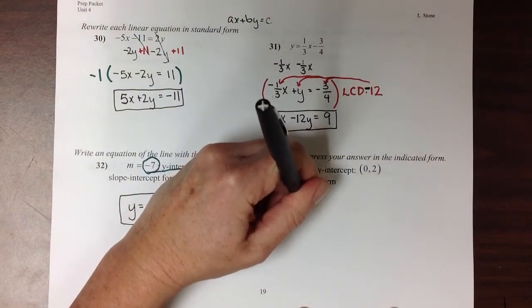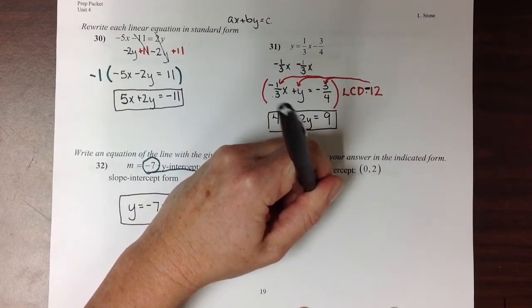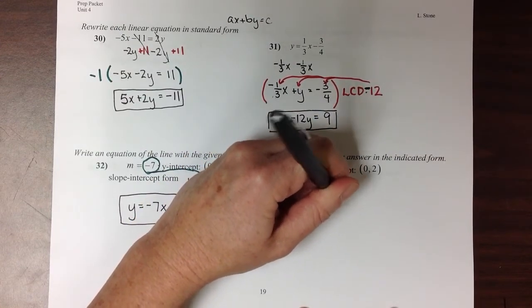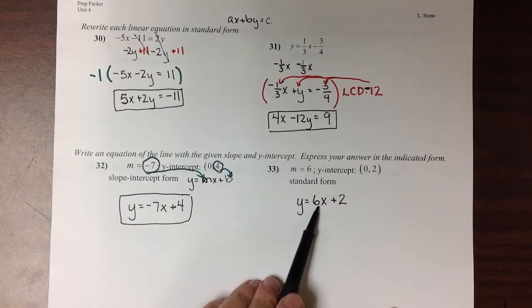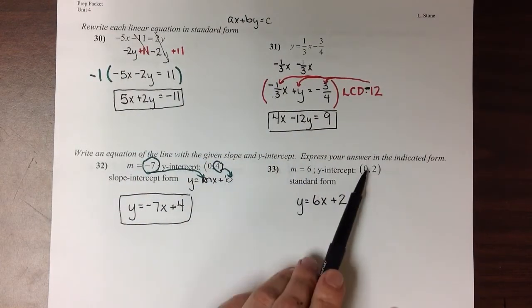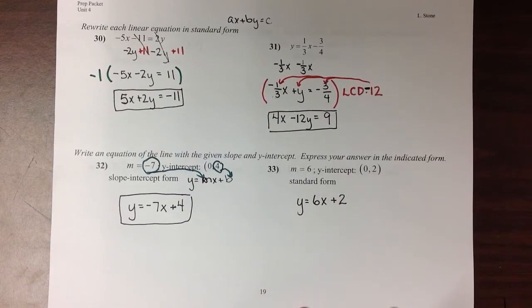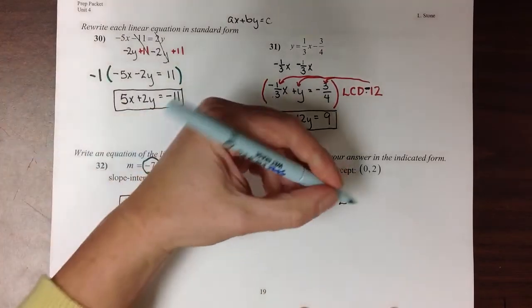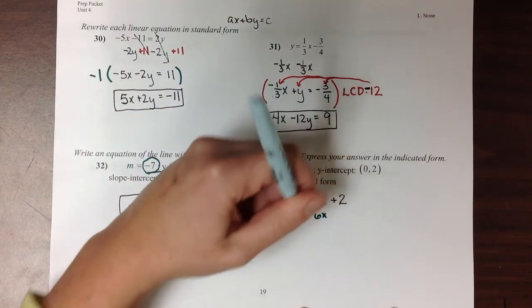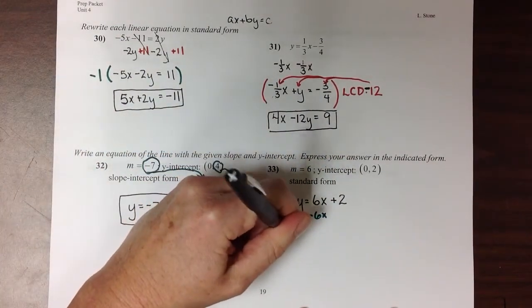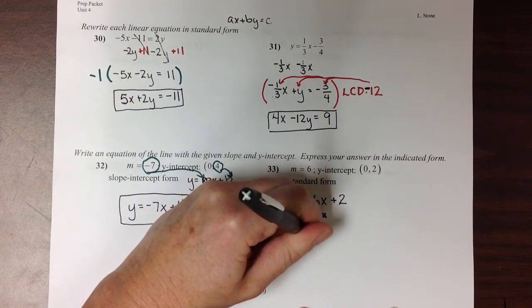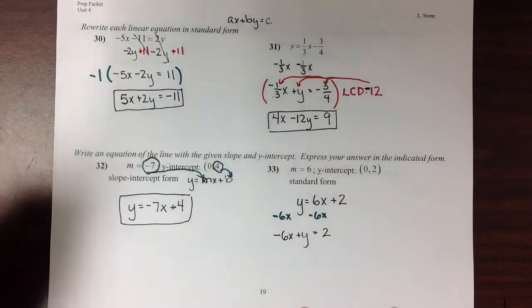So this one will be y equals 6x plus 2, since my m is a 6 and my b is a 2. Then I need to get my x term to the other side and make sure that my leading coefficient is positive. So I'll subtract 6x from both sides of the equation. That'll give me negative 6x plus y equals 2.